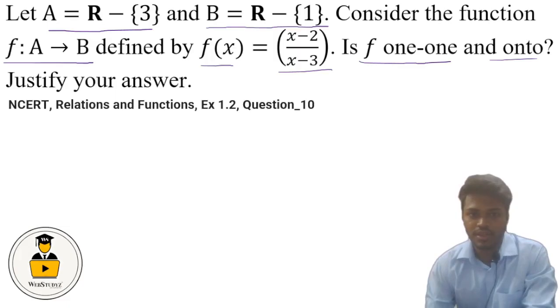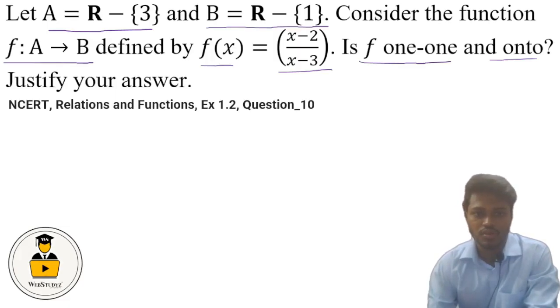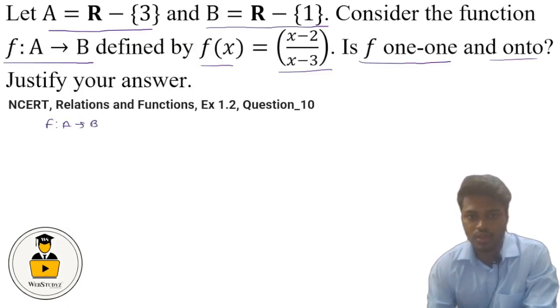So first we will check whether the function is one-one or not. The function we have is from A to B, and our function is f of x equals x minus 2 upon x minus 3.